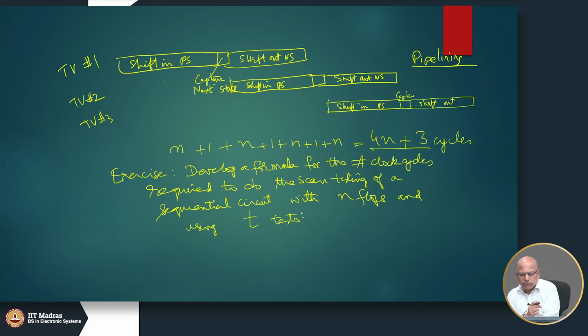So, T is the total number of tests and n is the number of flops. So, you can try and develop your own formula. It may not be such a hard thing, right.